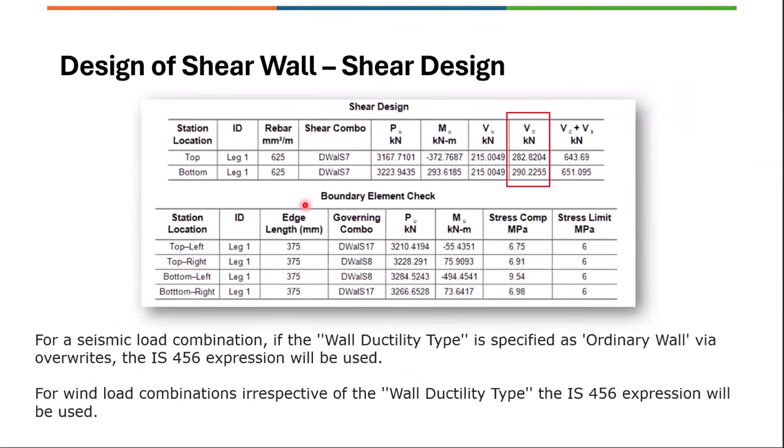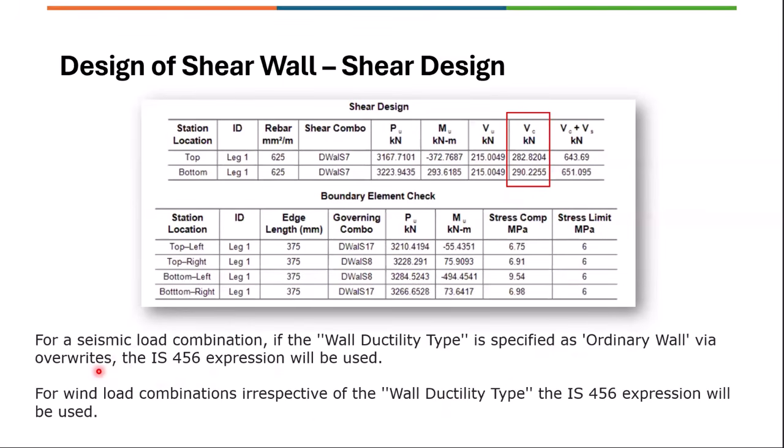And then the shear design for the wall piers, and the Vc is computed based on the ductility type which we set. Wall ductility type is now available as an override. You can do the override to ordinary or special.